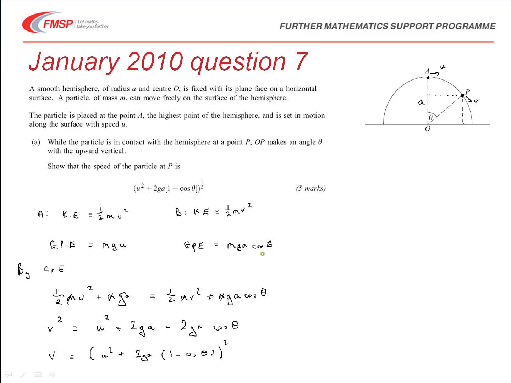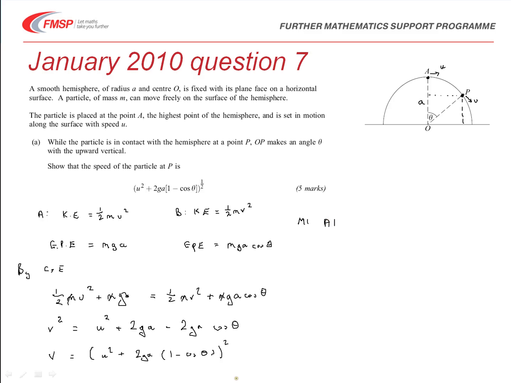Well, 5 marks. You're going to get a method mark at this point, and for getting the kinetic energies and the potential energies correctly will give you an accuracy mark.